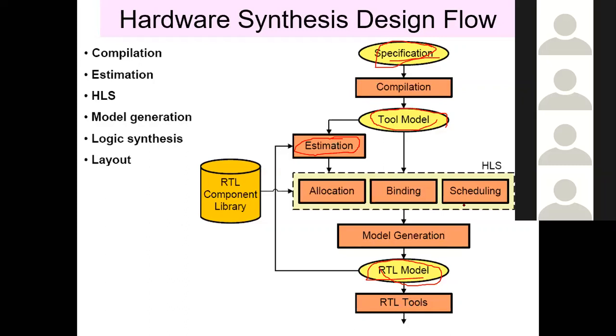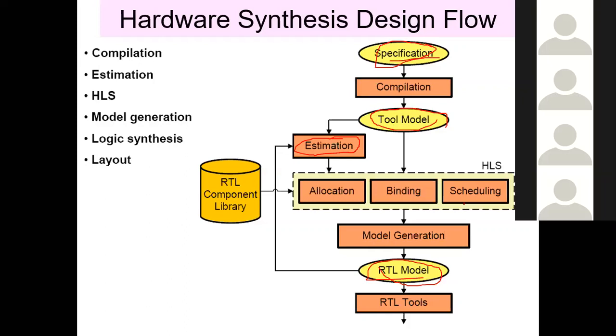That means we will have different RTL components connected according to our design, with different functional units as well as registers. The variables in the design need to be assigned to the corresponding register locations, that is binding, and what needs to happen in each clock cycle is done in the scheduling section.